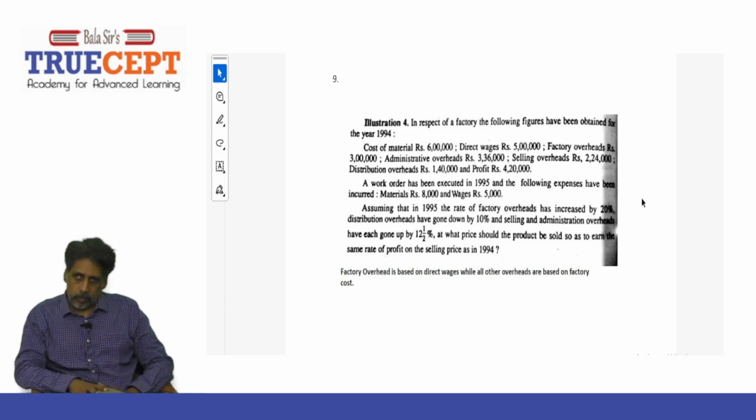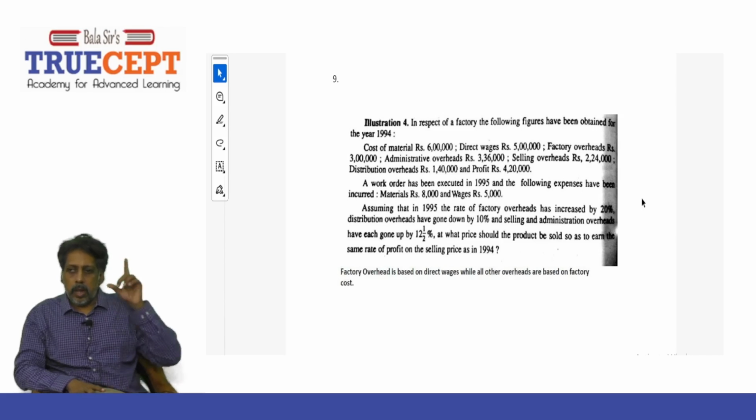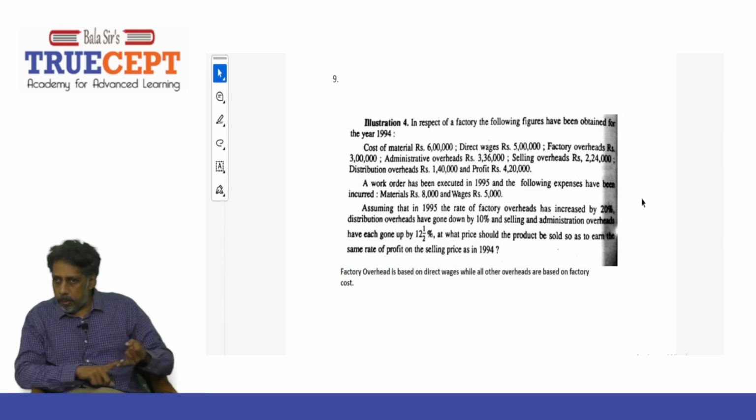A work order has been executed in 1995 and the following expenses have been incurred. These are the expenses incurred on a particular job, a work order for a particular customer. The amount spent on materials is 8,000 rupees. And how much on labor? 5,000. Next.